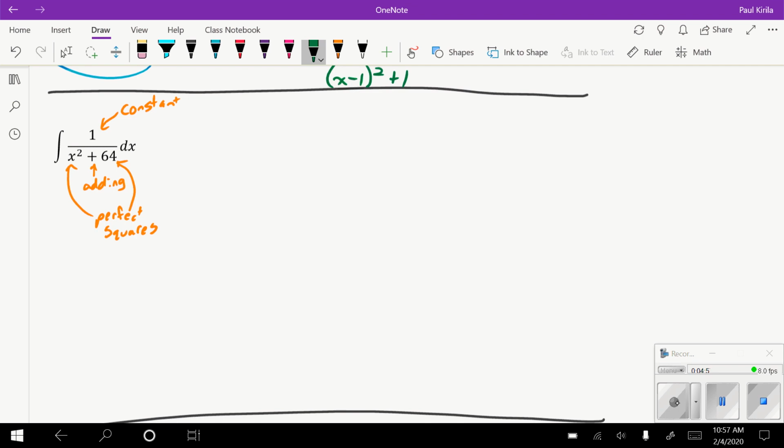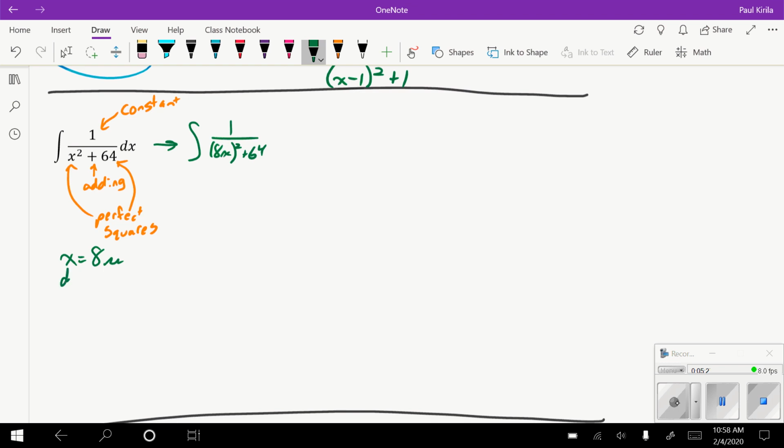Well, there are a couple ways of thinking of it. For some people, it's the idea that, well, instead of saying u equals something, I'm going to say x equals something. x is going to be the square root of this number here, the 64, times u. So that way, when I do my substitution, I'm going to have 1 over 8u all squared plus 64.